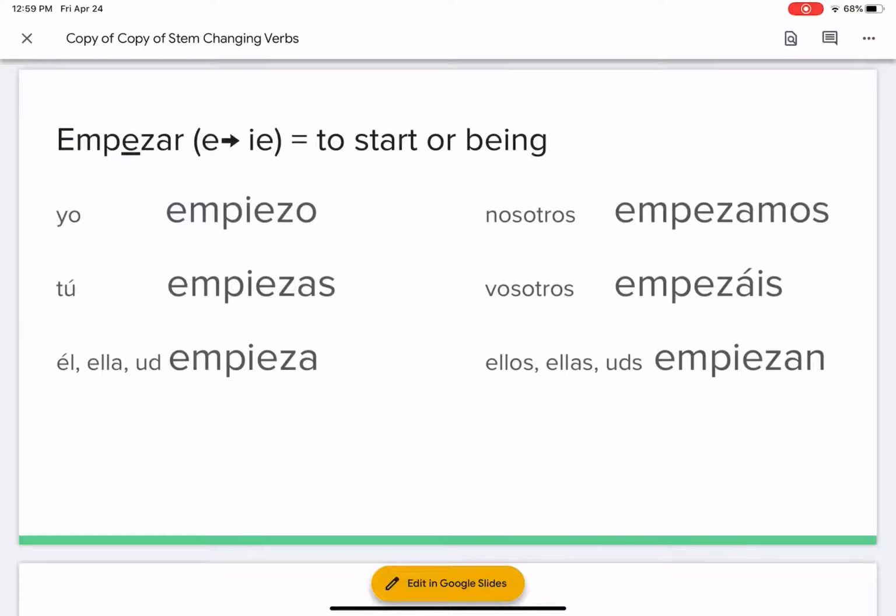Then in nosotros, there is no spelling change, so it is nosotros empezamos. Same thing with vosotros, so you get empezáis. And then back in ellos, ellas, and ustedes, we have the spelling change leading us to get empiezan.